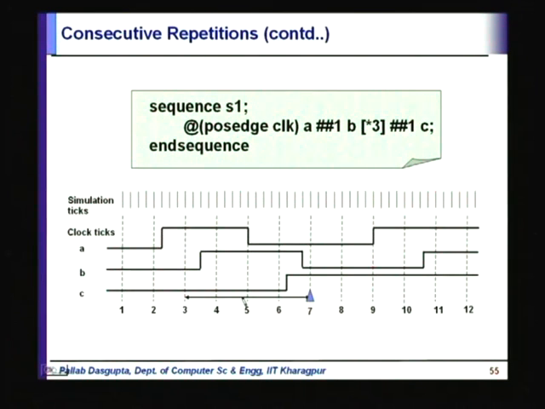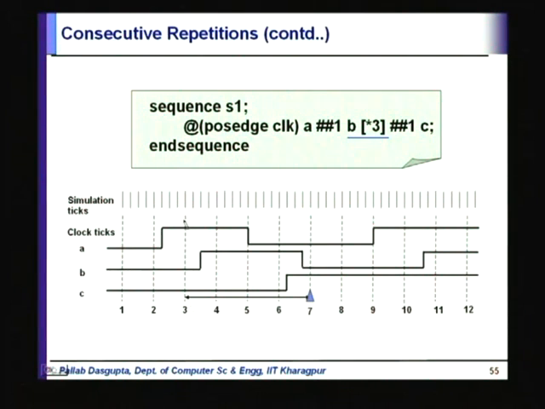Now, when we talk about consecutive repetitions, the meaning is that the repetitions of B, for example, here, must happen in consecutive cycles. So, in which 3 cycles is B true? It is true here, okay.